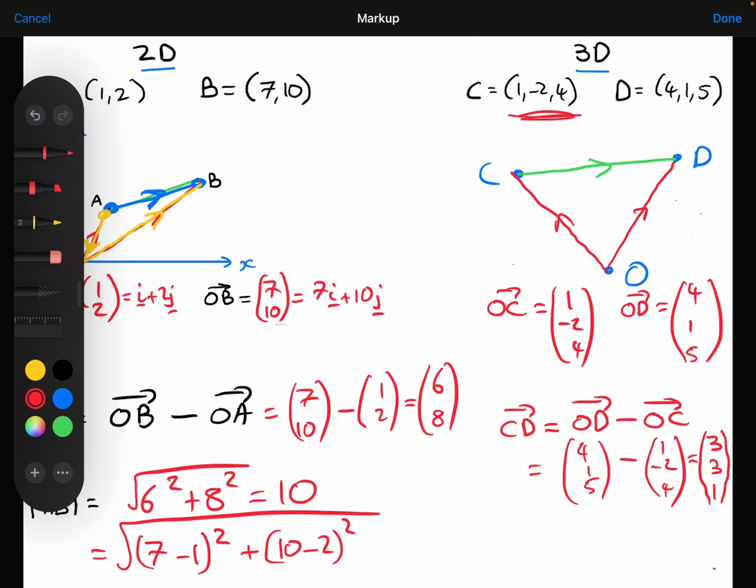I could then work out the magnitude of that, the length of that, the distance between C and D by doing some Pythagoras, which would give root 19. So the magnitude of CD, the length of this line, the distance between coordinates C and D is root 19. And there we go.